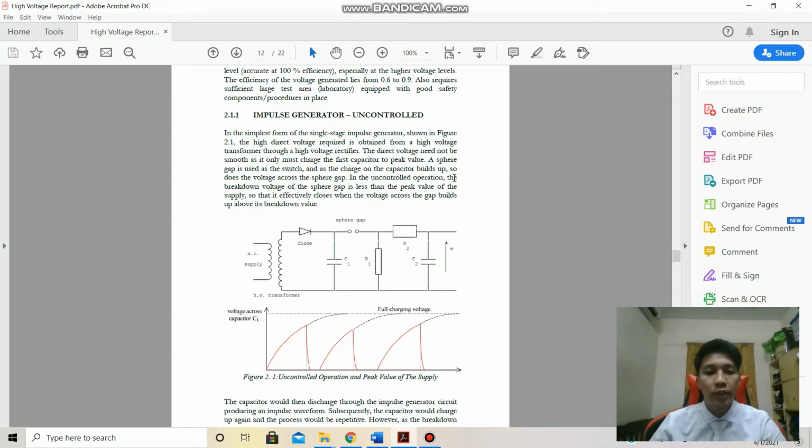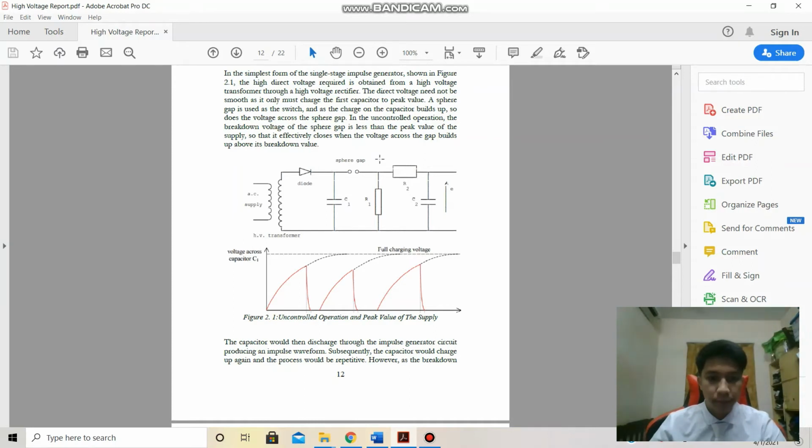In the uncontrolled operation, the breakdown voltage of the sphere gap is less than the peak value of the supply, so that it effectively closes when the voltage across the gap builds up above its breakdown value.